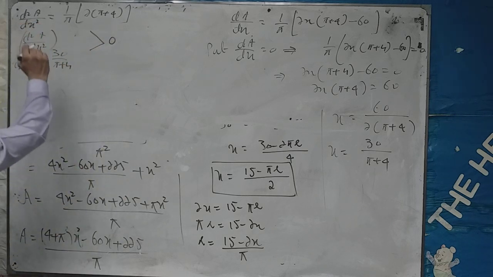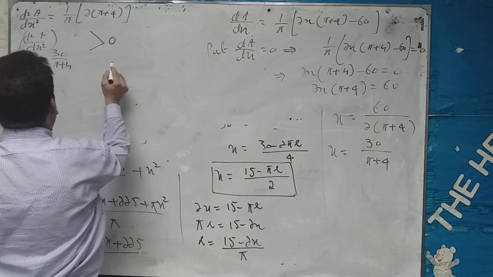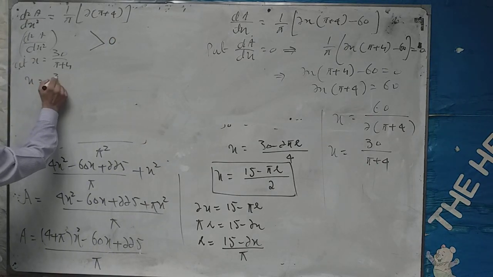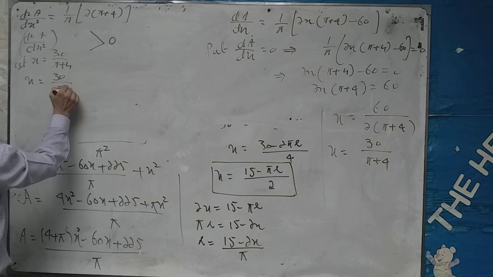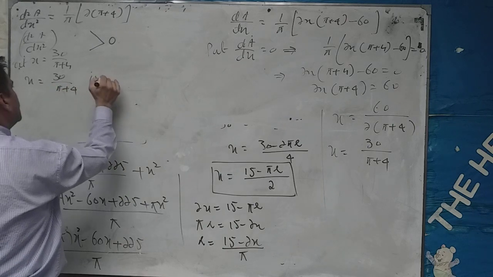Hence, x is equal to 30 by pi plus 4 is minimum.